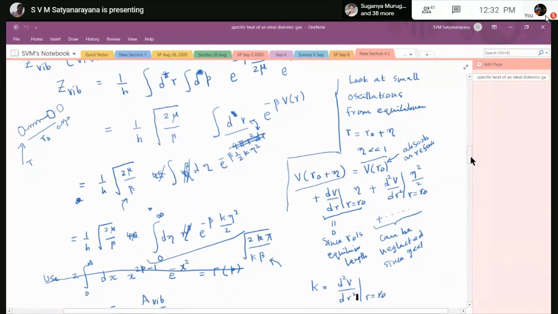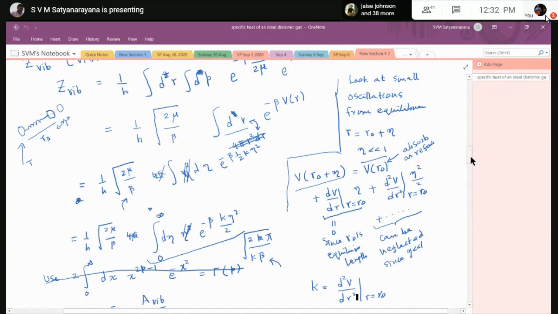I do not know about such a calculation, but one can do this and check. But I believe that the deviation from 7/2 to 5/2, that curve will not be reproduced by such a correction, because that curve is exactly reproduced by the Einstein expression for the specific heat.